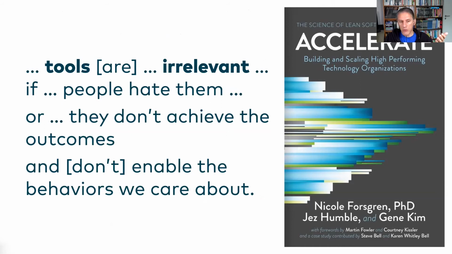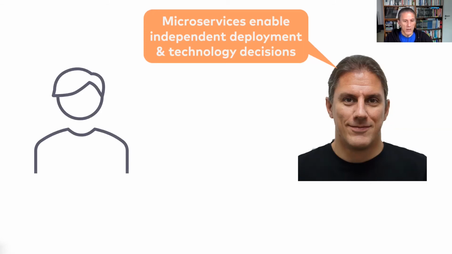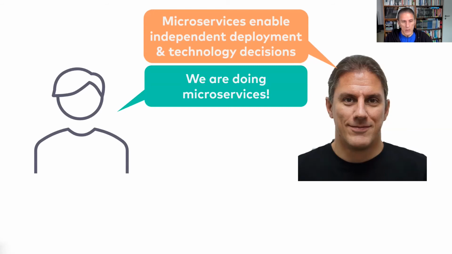And I can actually relate to that, because, again, a story from some consulting. So, as I said, microservices enable independent deployment, and you can have independent technology decisions. Each Docker container can have its own technology. So you could have one written in Java, and you could have another one with an application written in Rust, and so on. And the client that I was talking about in that case said, well, we are doing microservices. And I guess they were doing microservices because they were aiming for these productivity improvements.